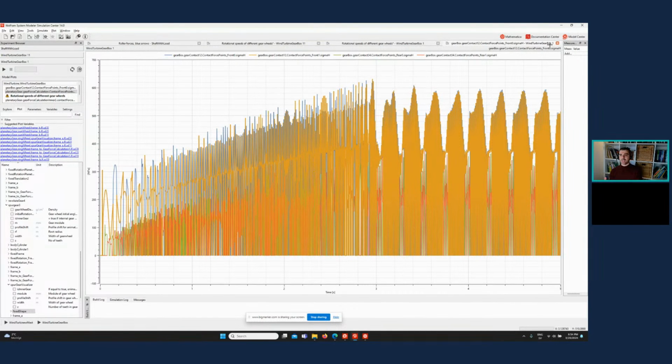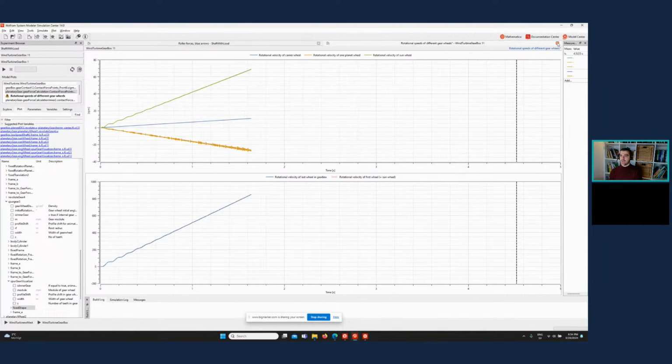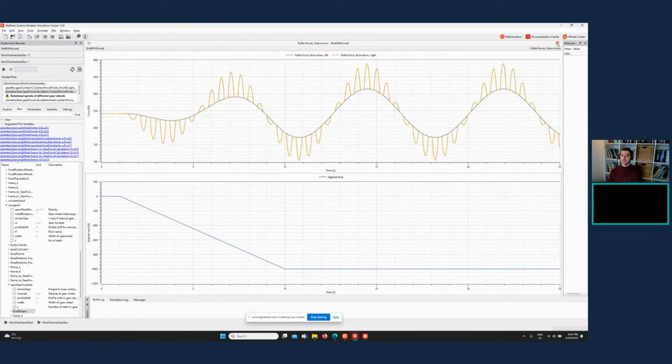Related to any six degrees of freedom, like a force, and then the torque, and then the angles, and then the linear force, you can get all those values. You can plot those, and also positions, speeds, and so on.